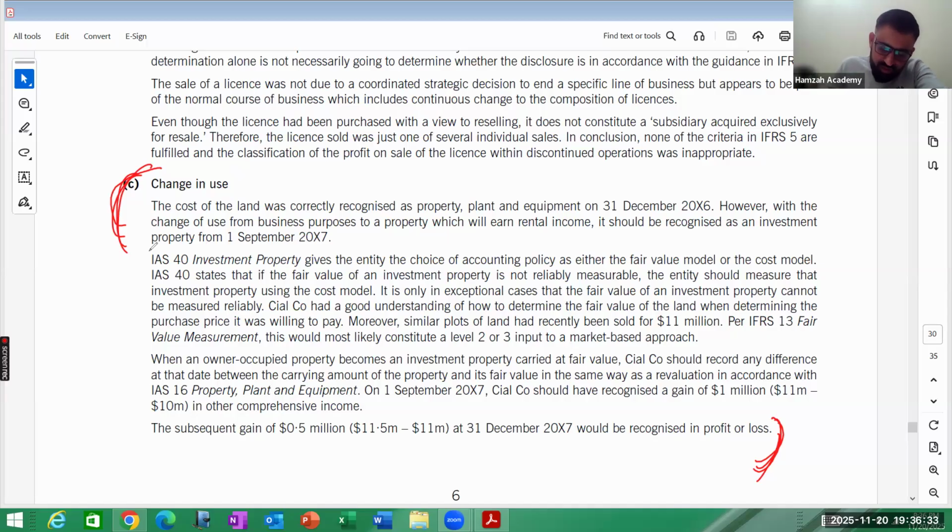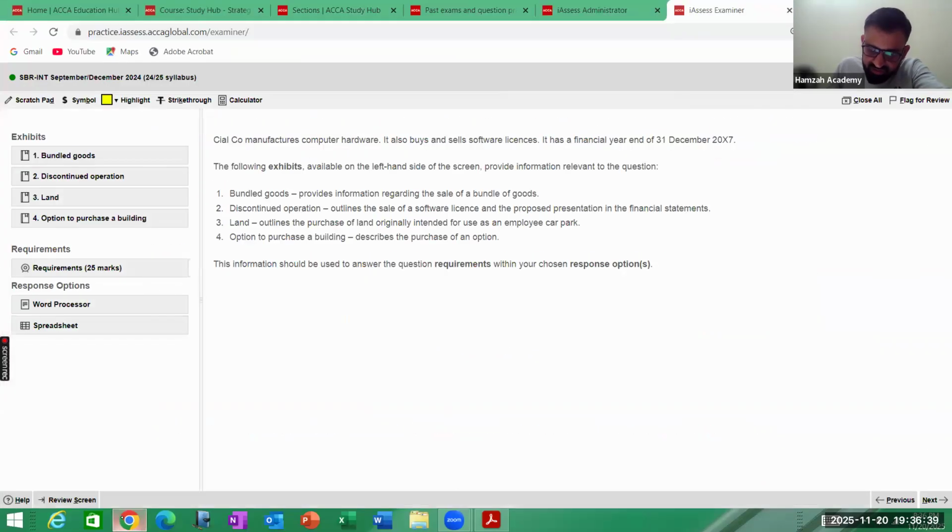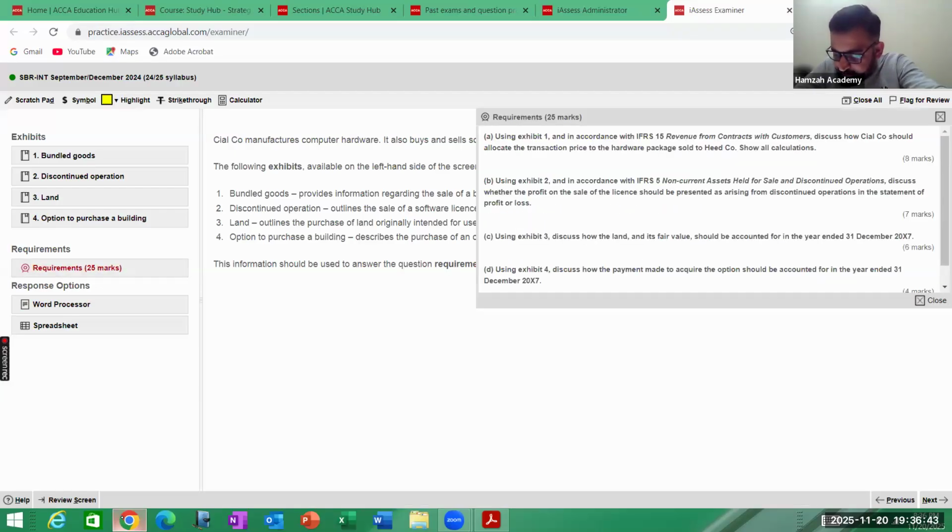Okay, but the question is not completed yet. There is another exhibit, and the requirement of that exhibit is: using exhibit 4, discuss how payment made to acquire an option should be accounted for in the year ended 31st December X7.